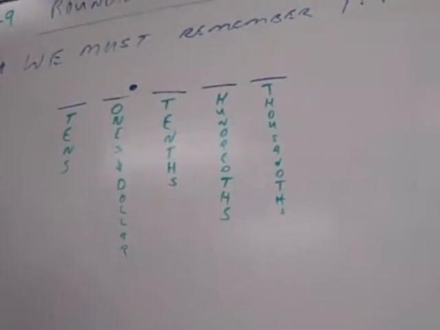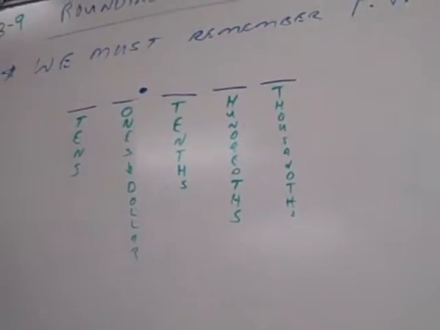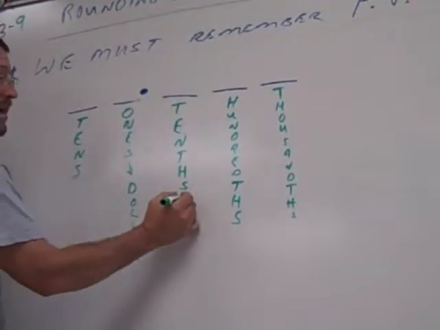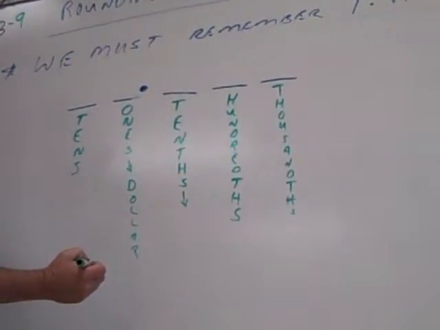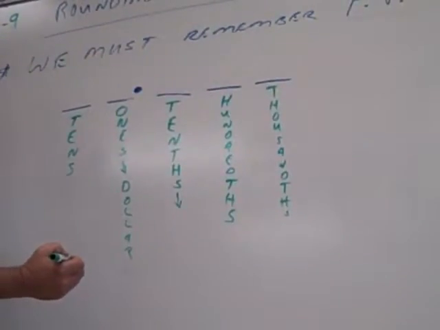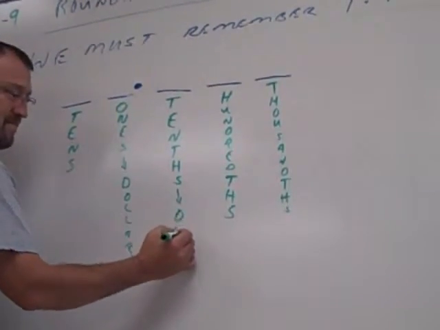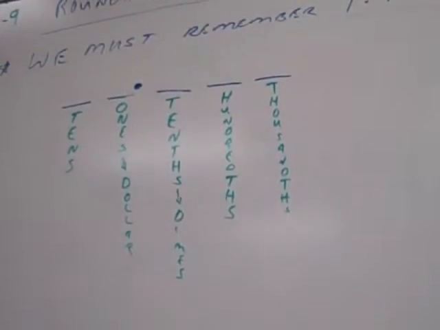Thousandths. Now, in dealing with money, this column is what, money-wise? Cents. Wrong. It's the 10 cents. It's the dimes, the 10 cents.